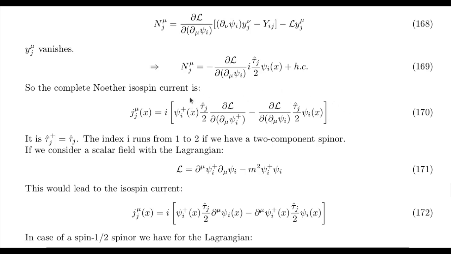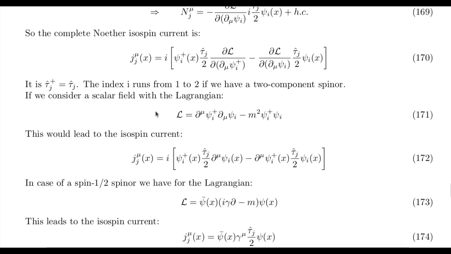Here we have written out the hermitian conjugated term. In the Pauli matrix there isn't a plus here because the adjoint matrix is a matrix itself. Because we have a 2-component spinor, the index i here runs from 1 to 2.